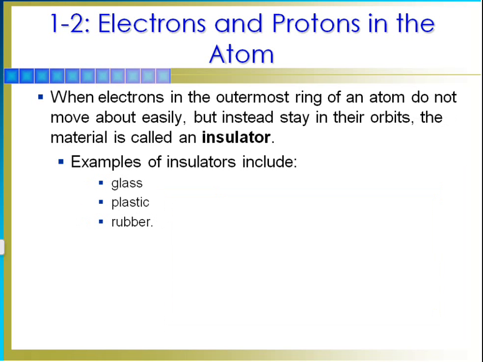Insulators are made up of things that do not lose their electrons very easily. Glass, silica, not real easy. Great insulator, glass. Plastic, of course. Plastic is a great insulator, and rubber we also know to be a great insulator.